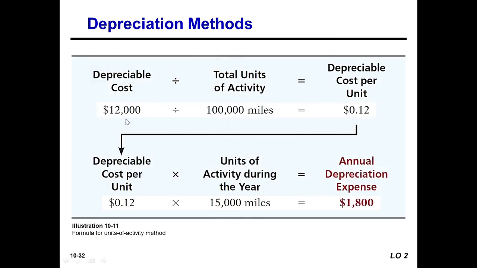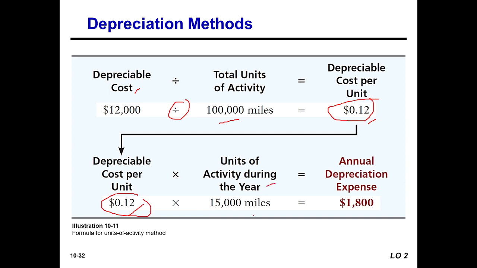Residual cost 12,000, we know this method, and then units of activity 1 lakh miles, and depreciable cost per unit after dividing we are getting $0.12. This is the depreciable cost per unit, the same figure, multiplied by units of activity during the year.